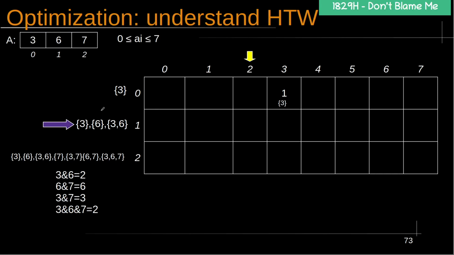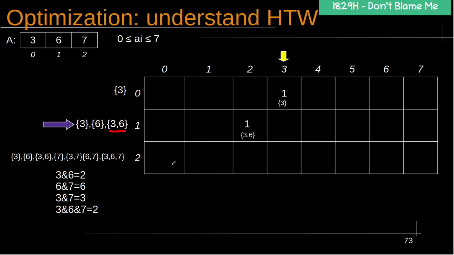We have just one, which is 3 and 6. For this subsequence 3 and 6, the bitwise AND between all the elements equals 2. So we have one subsequence.